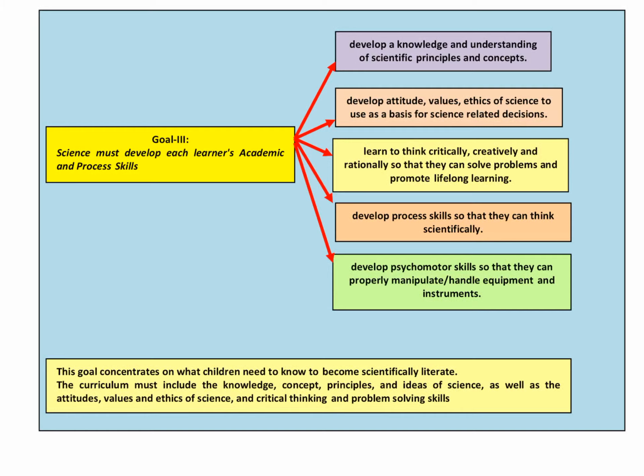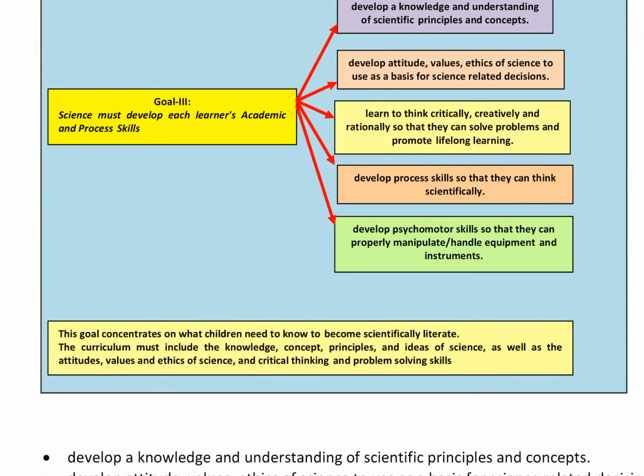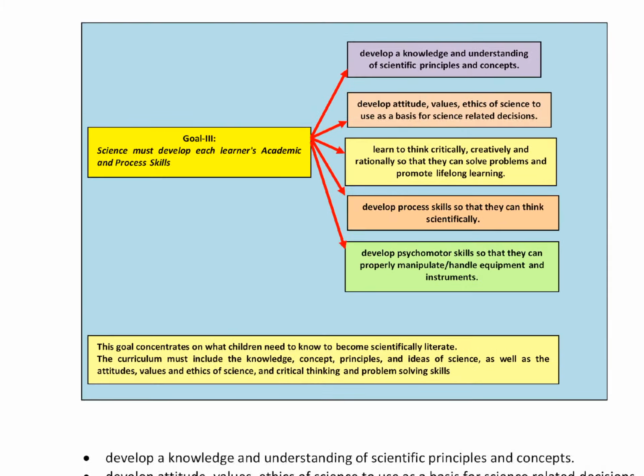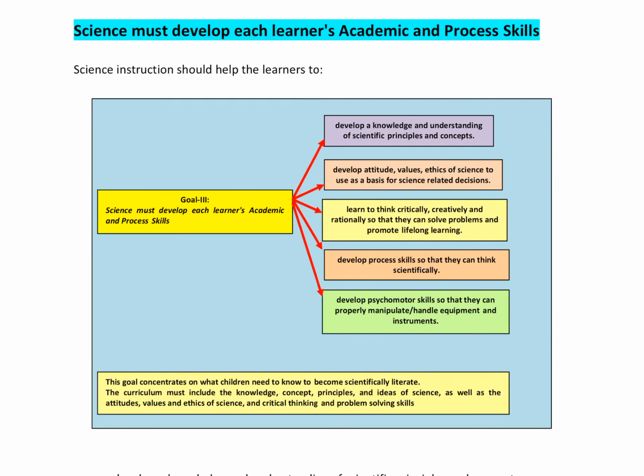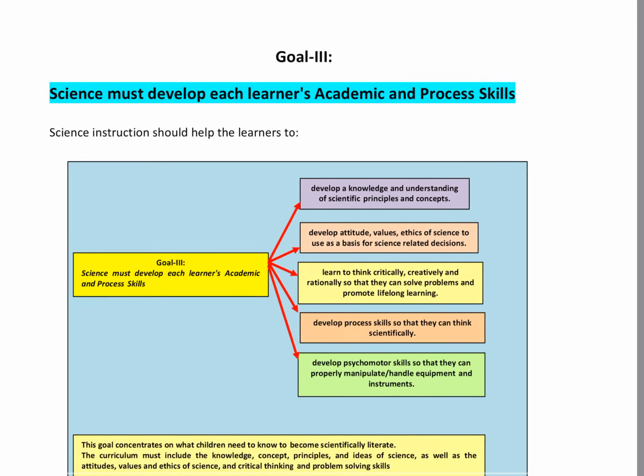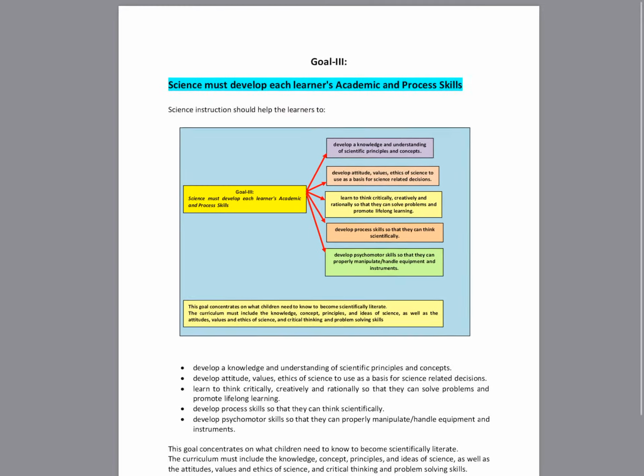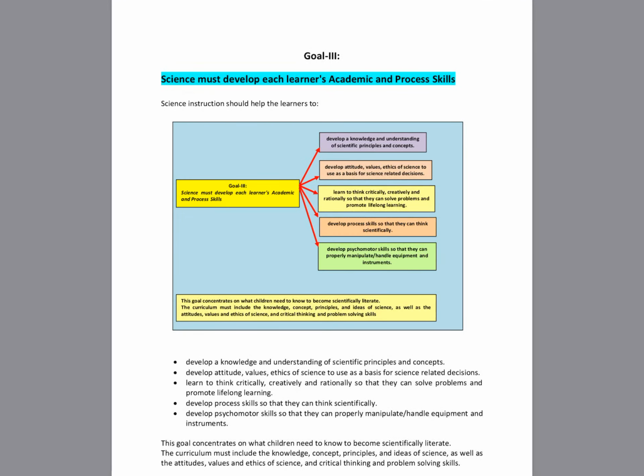So these come under the academic skills, and this will make the learner scientifically literate. So for this, the curriculum must include the knowledge, concepts, principles and ideas of science. And besides that, in the curriculum, the attitude, values, ethics of science, critical thinking and problem solving, those types of activities are also to be incorporated. So this is about goal 3.